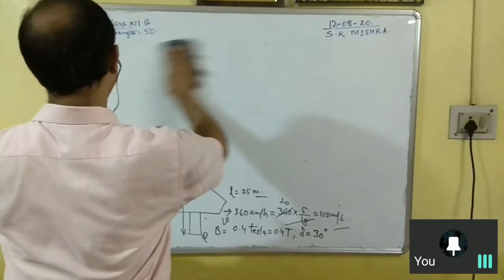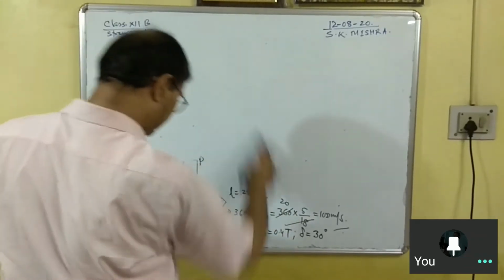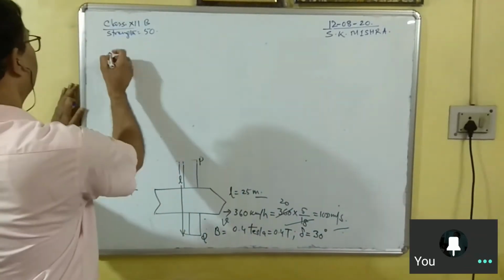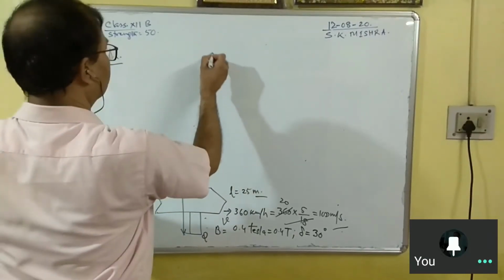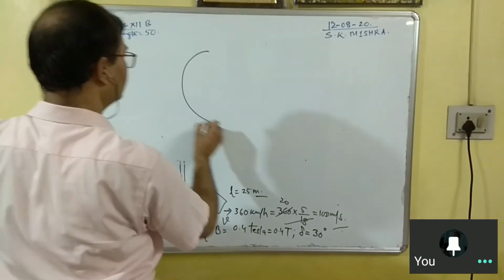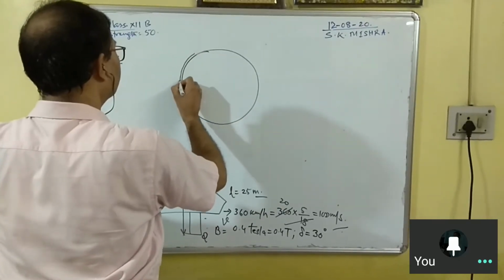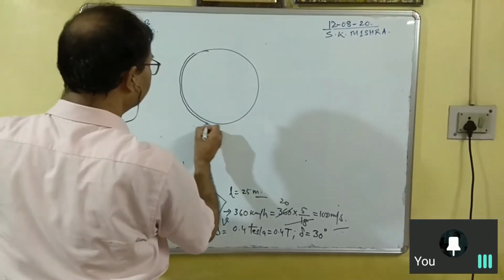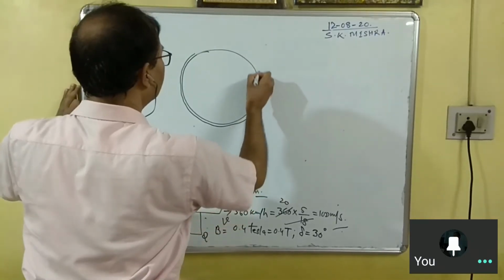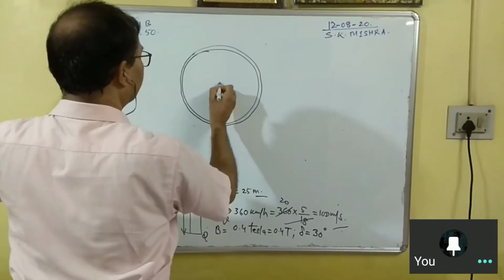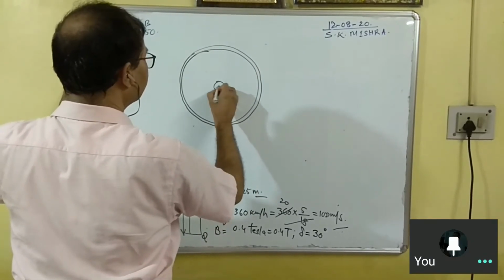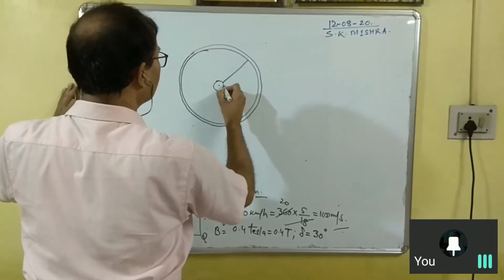Now you have one ring. You might have seen the ring of a cycle. Metallic ring. It looks like this. And here is the axle. And so many spokes are connected.